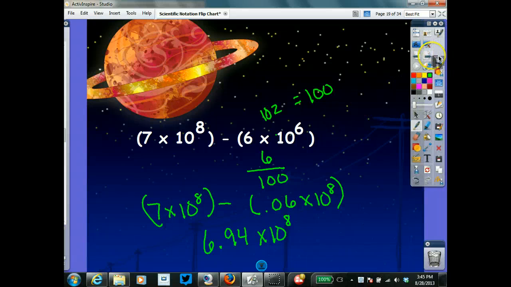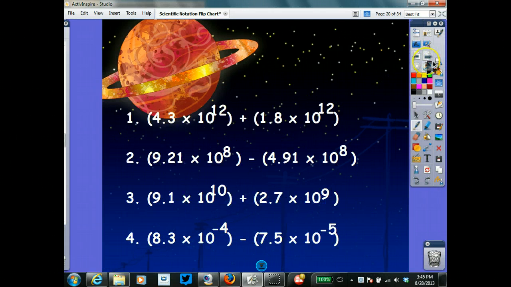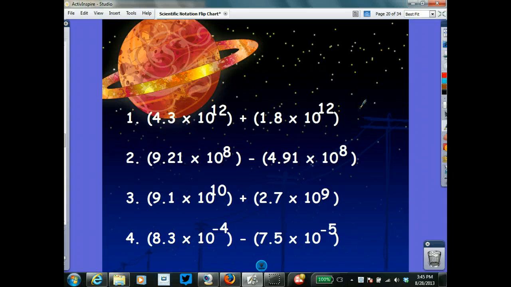Alright, as we go through, here are some checkpoints. You can work through these, and let's see how we do, and then we will compare in just a minute. I'm going to write down the answer to each one of these, and that way you can compare and see what you come up with.